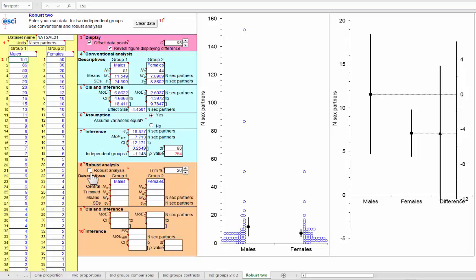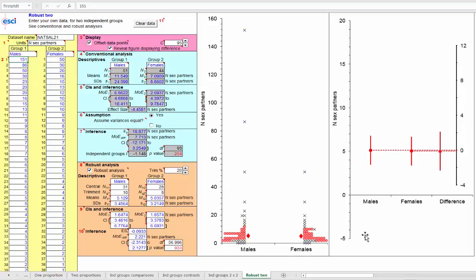Now if we do a robust analysis here, note incidentally that the scale here is deliberately different from here because often we get quite striking differences in what we need to plot. In the robust analysis, we have trimmed off 20%, and you can adjust the amount of trimming here, and the trimmed data points are marked by X's, the retained data points by the red circles.